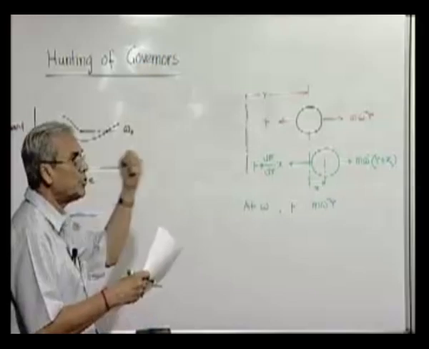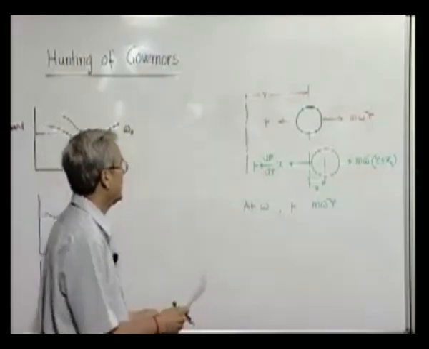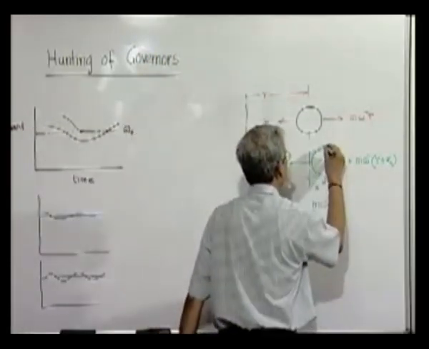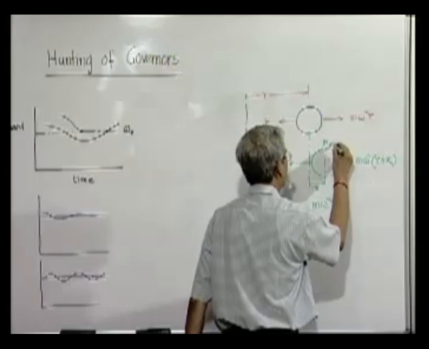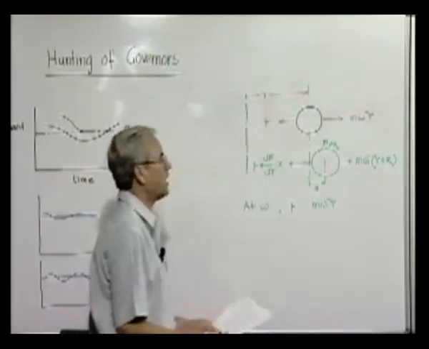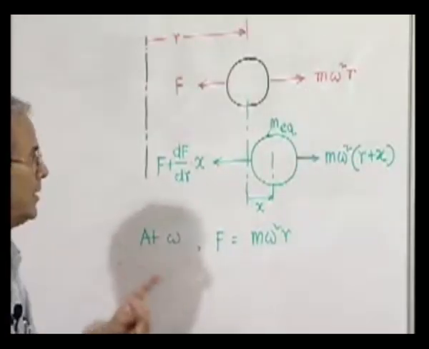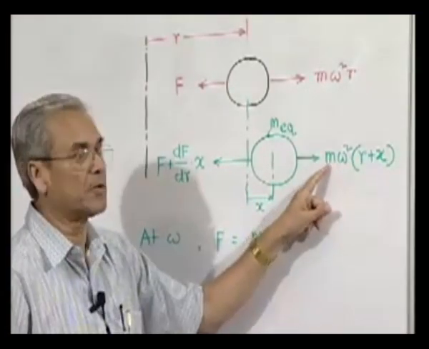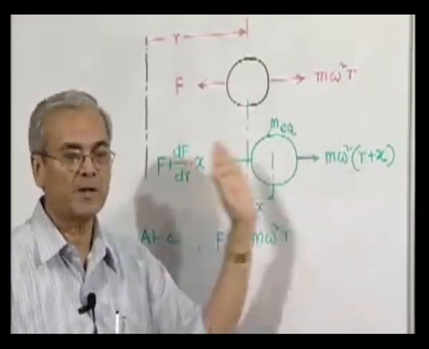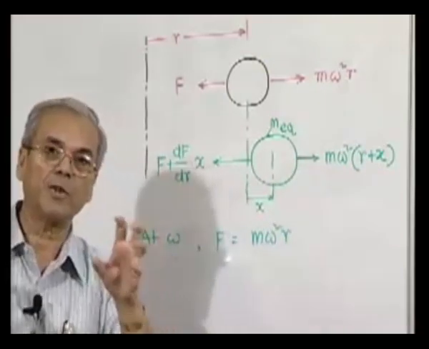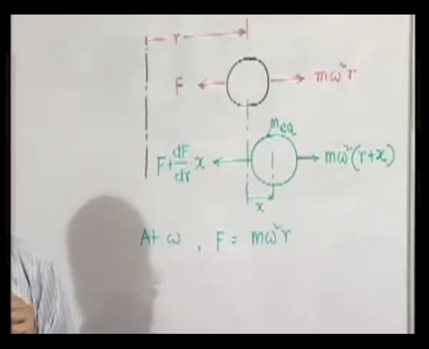So all the equivalent amount of inertia is accumulated on this body, and therefore we consider that its mass is equal to M equivalent. But the centrifugal force which is produced, which is trying to displace the whole thing, is actually the mass of the spherical ball only, which we call m.